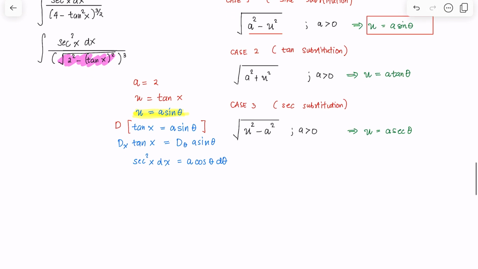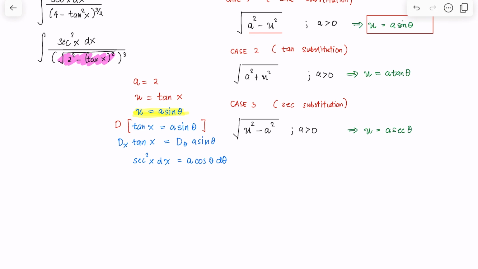Now once we have this, we are going to rewrite everything in our integral. Notice that the secant squared x dx is actually just a cosine theta d theta. The a here is very specific, and that a is actually 2, so this is 2 sine theta.